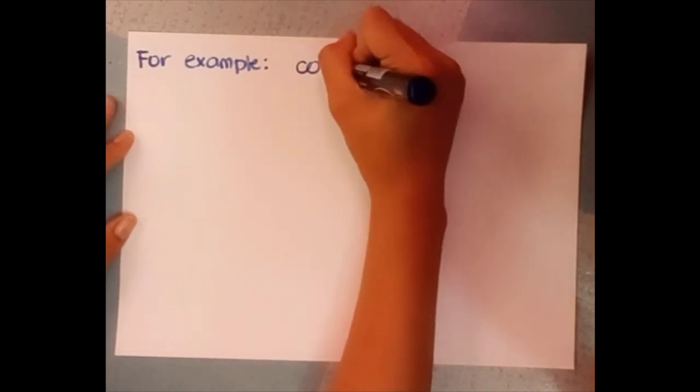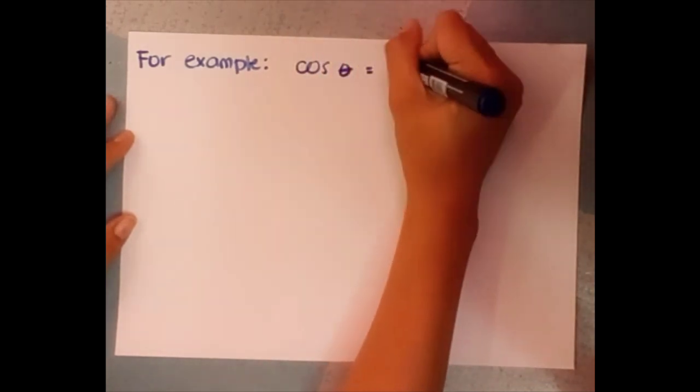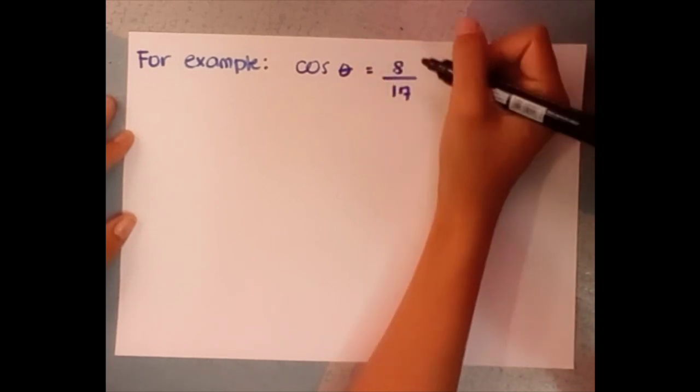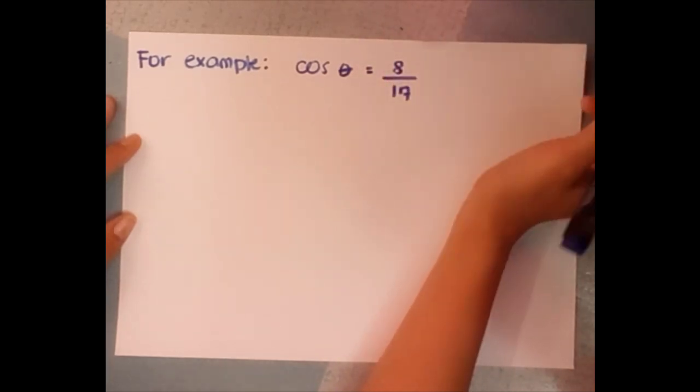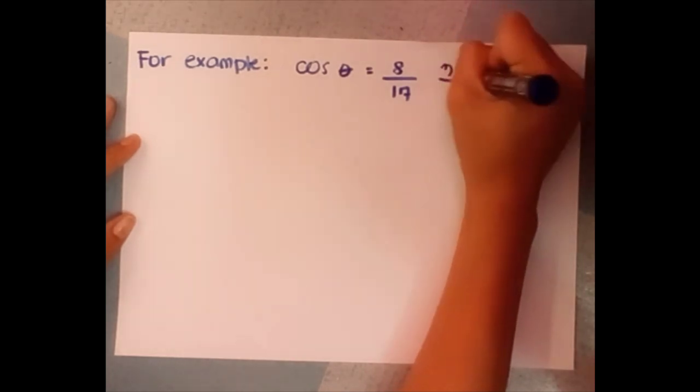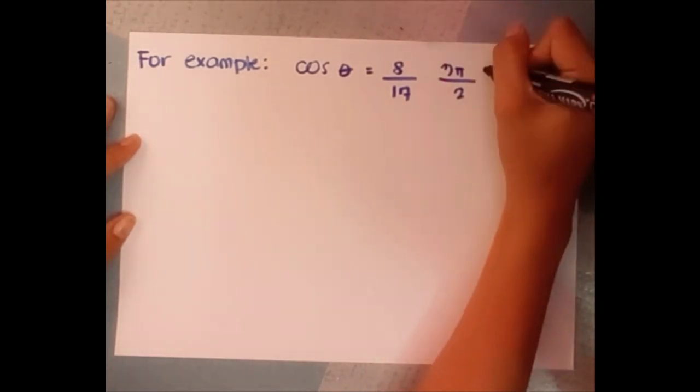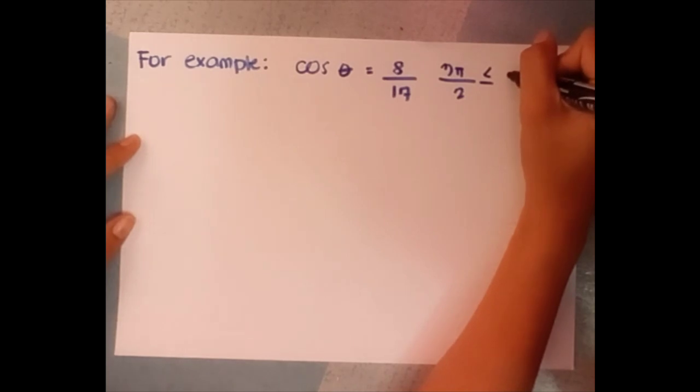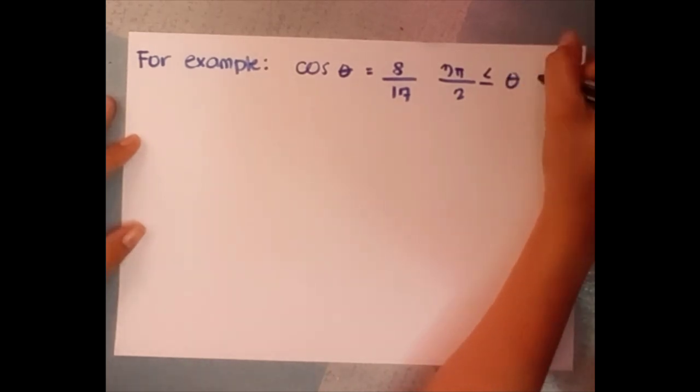For example, cosine theta equals 8 over 17. Let's say the angle of theta is 3 pi over 2.